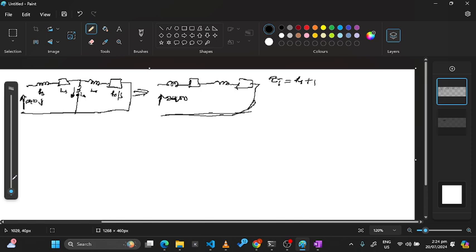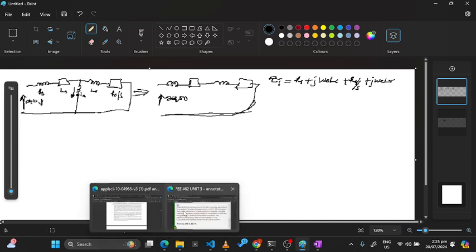Rs plus jωe Ls plus Rr plus jωe Lr. But if you read the question very well, the question says what?